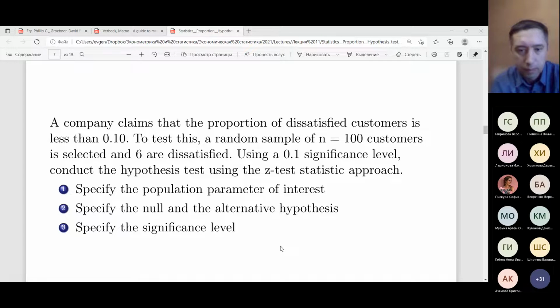Okay, let's check. Okay, good. 0.06 is the right answer.